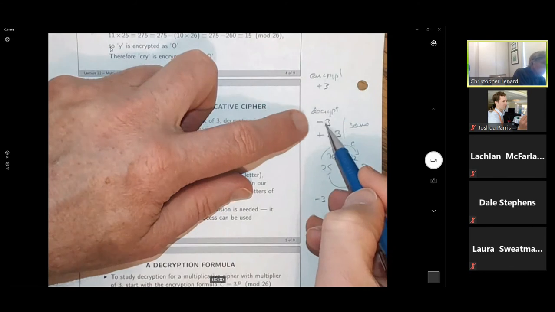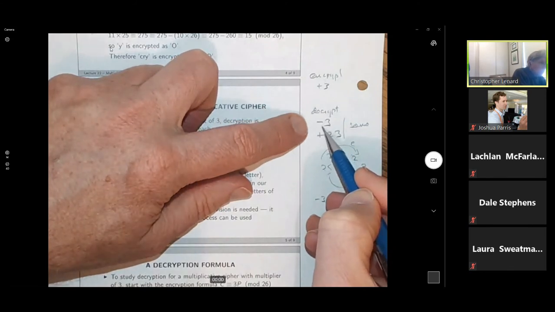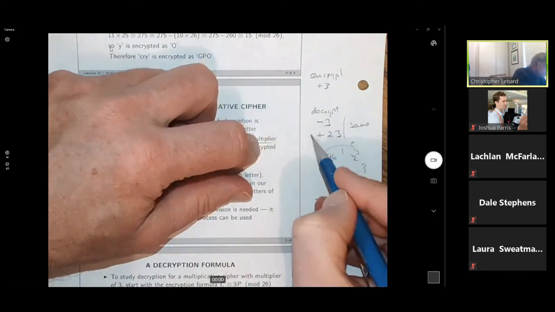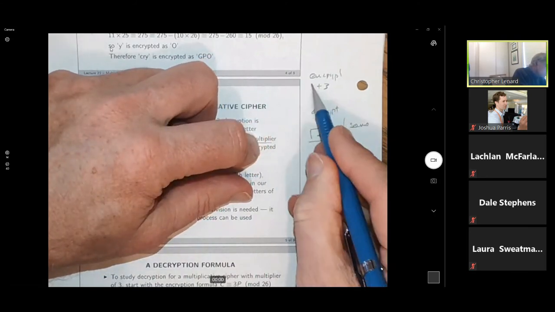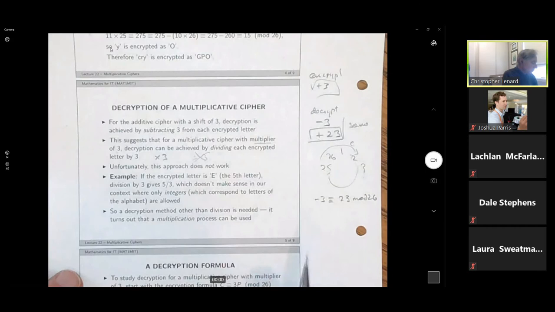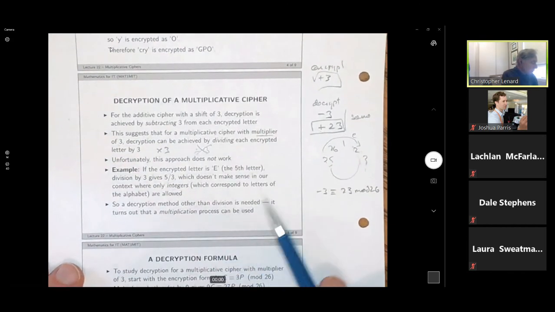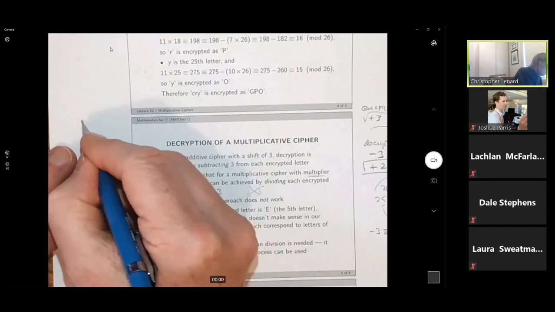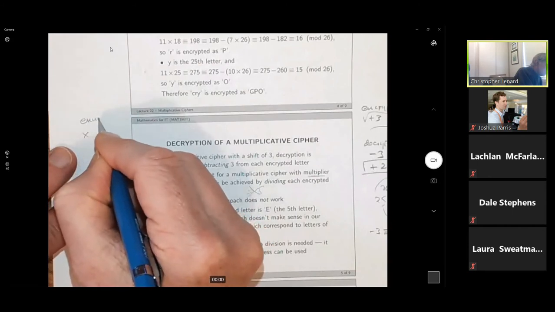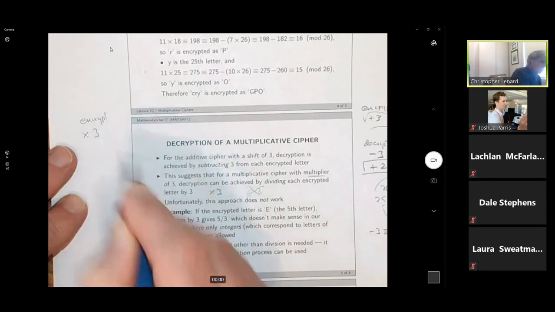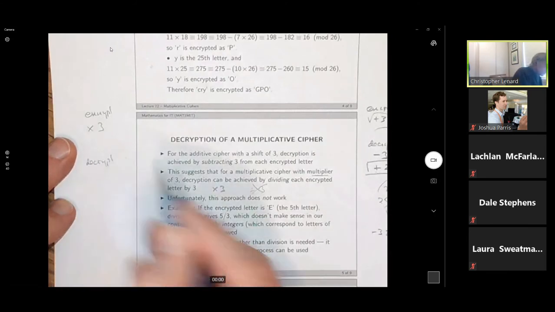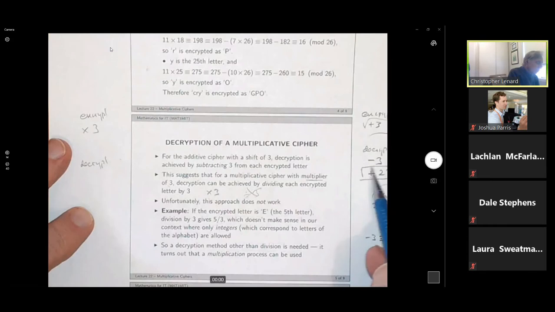To decrypt, we subtract 3, but that's the same thing as adding 23. So when we encrypt by multiplying by 3, the decrypt is going to be done by something similar.